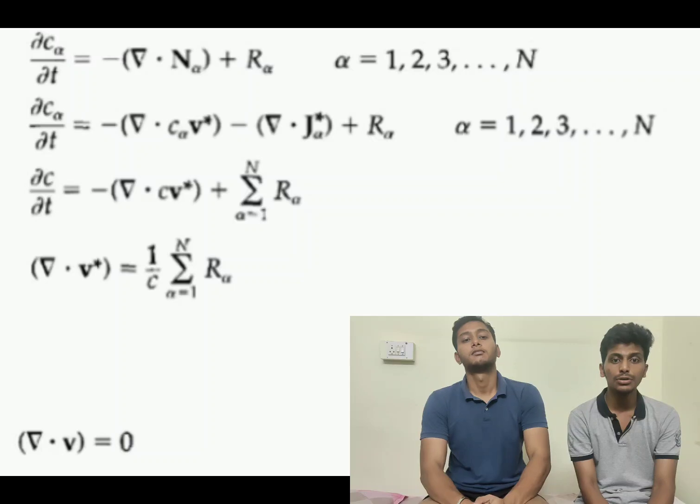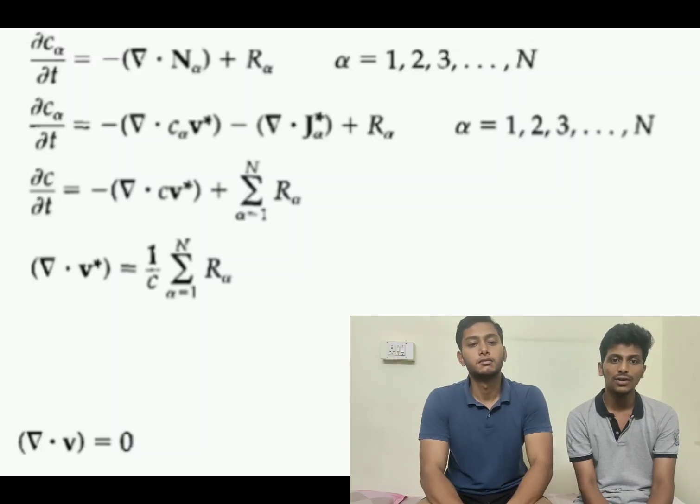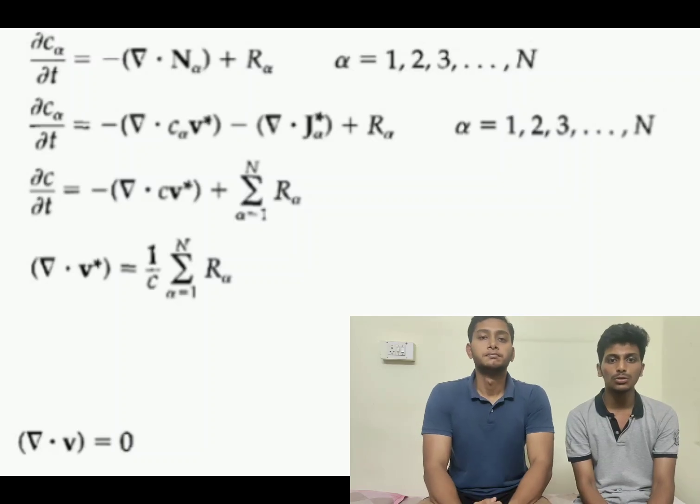Next, the convective term, which is del dot C alpha into V star. This is where the bulk transport comes into the picture.